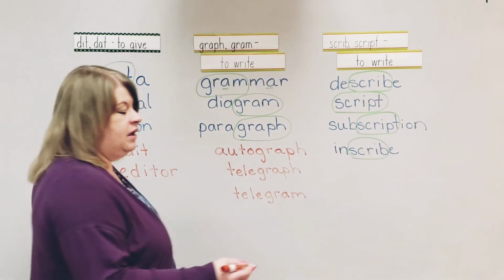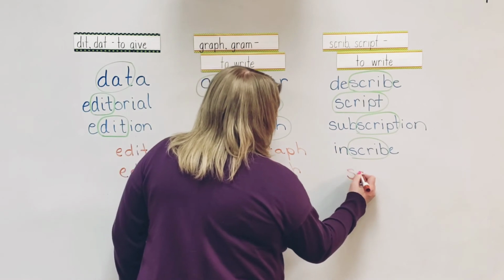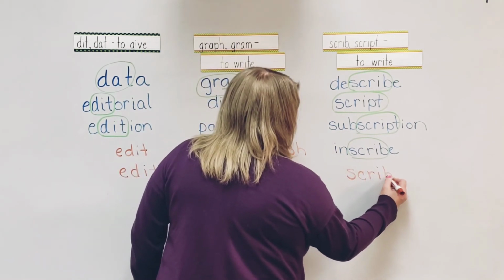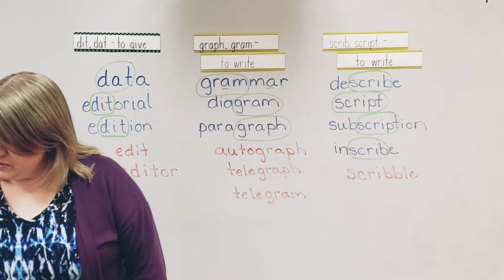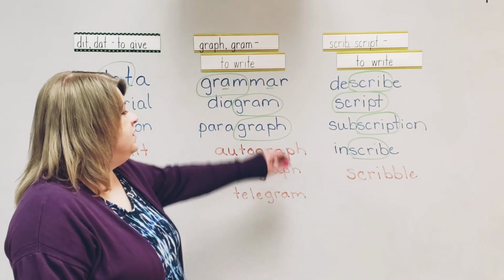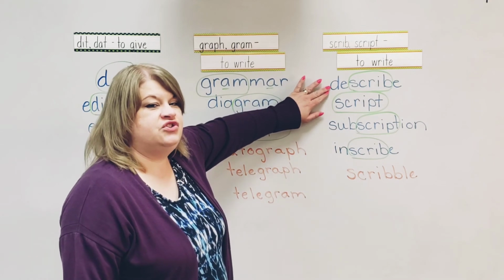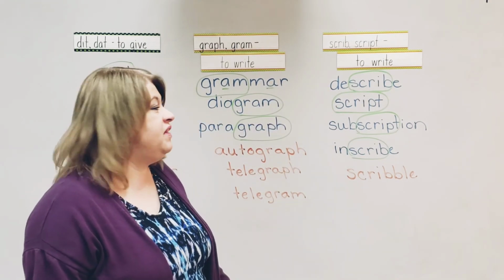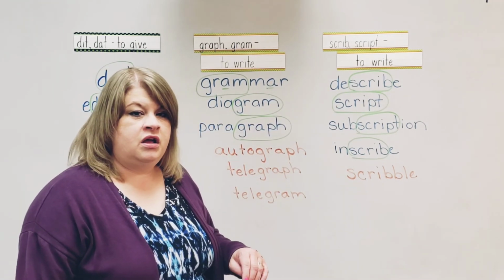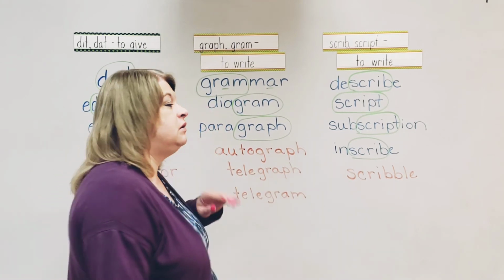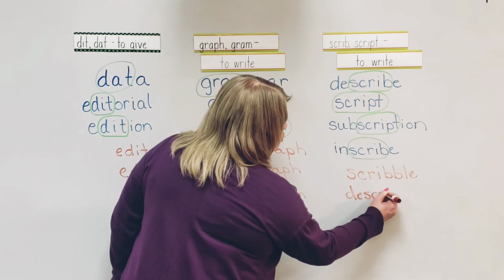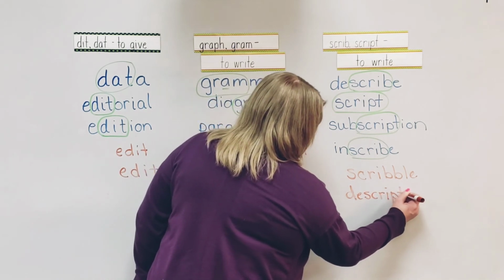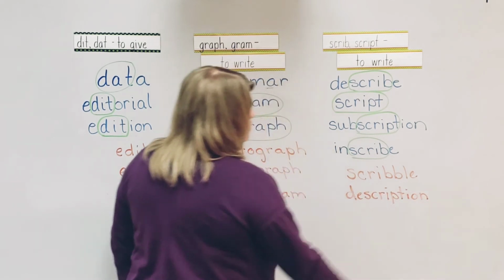On the last one, another one that they gave up above is scribble. Sometimes it's fun to just scribble on papers, isn't it? Let's take the word describe and change that a little bit. Can you think of a word that goes with that would have our root in it? How about a description? Maybe some of you wrote that.